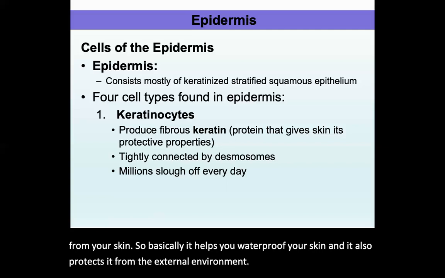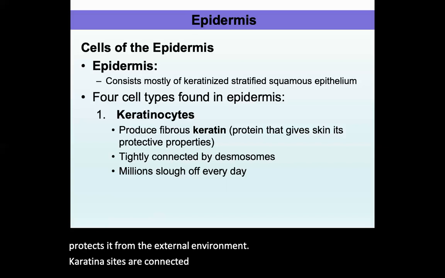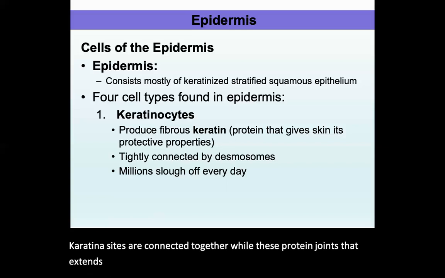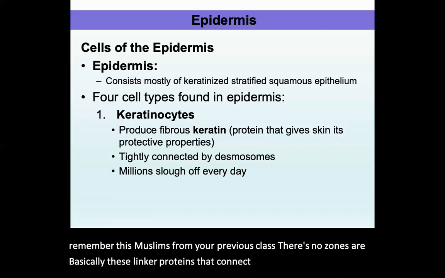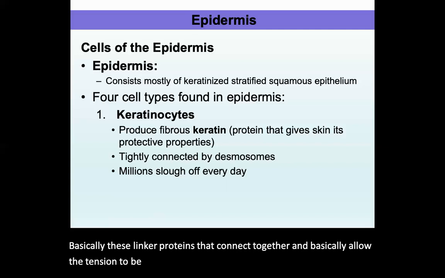Keratinocytes are connected together via these protein joints that extend from one cell to another, called desmosomes. So you may remember desmosomes from your previous class. Desmosomes are basically these linker proteins that connect together and allow the tension to be spread evenly.